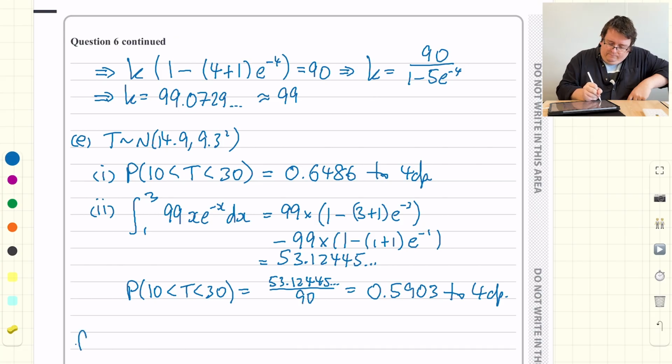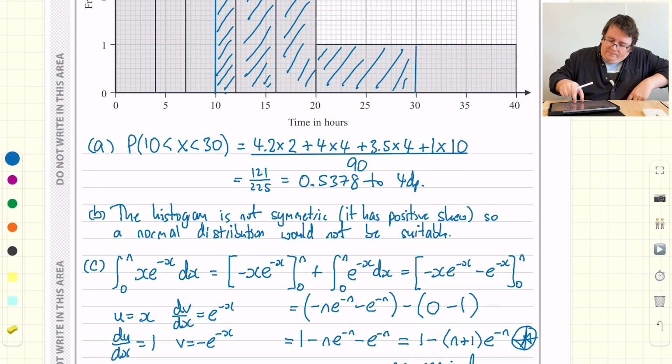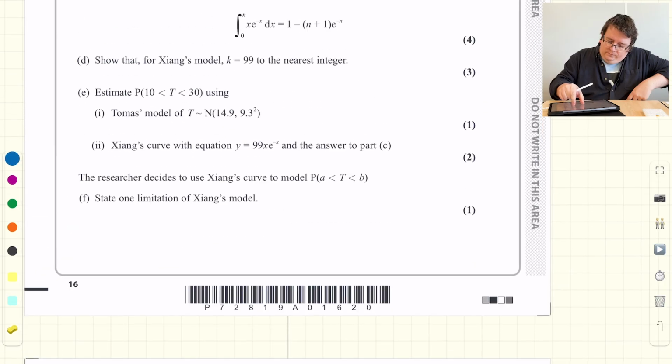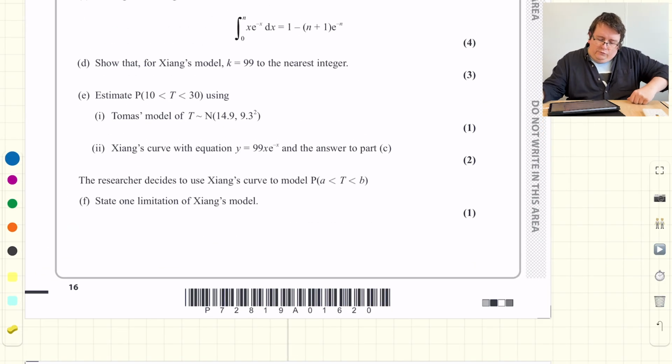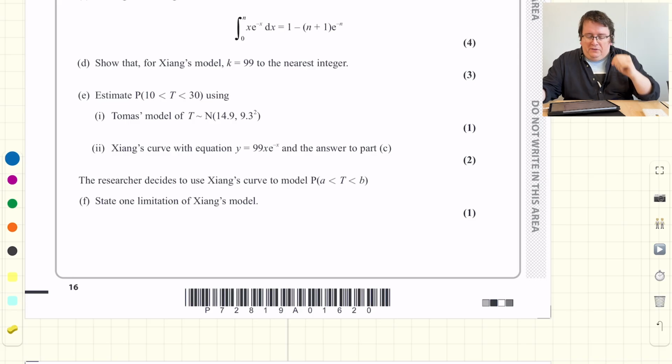Right. I think there was one last bit. Yeah, the researcher decides to use Xiang's curve to model the probability between A and B. So I guess that's without limit. State one limitation of Xiang's model.